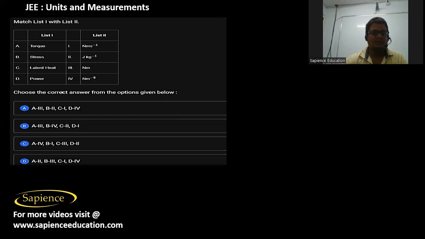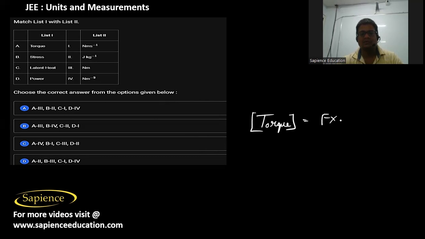Then here it is told, choose the correct answer from the options given below. The dimensional formula for torque, that is force into the length, will be ML square T power minus 2.